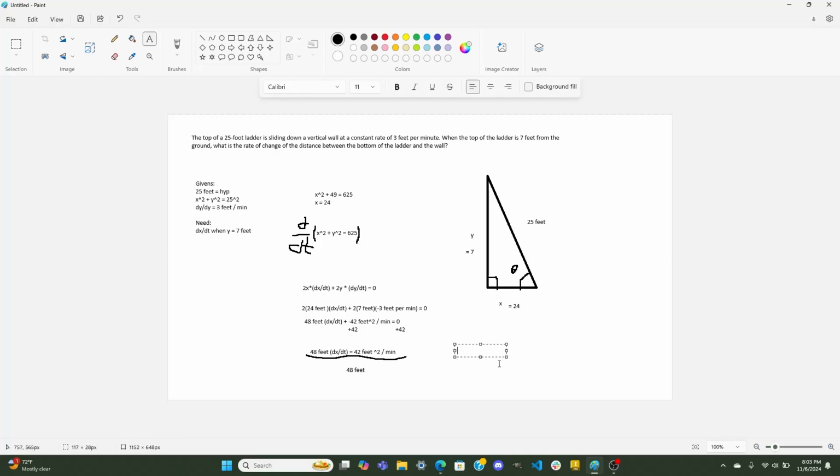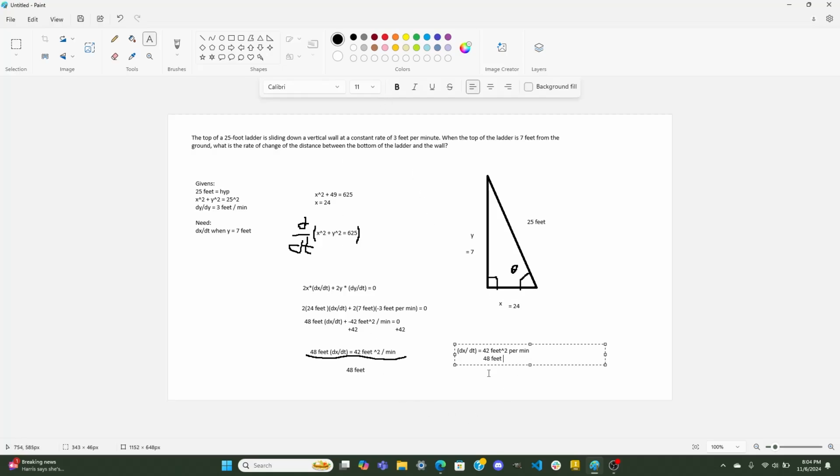And then we get our answer of dx over dt equals 42 feet squared per minute over 48 feet.